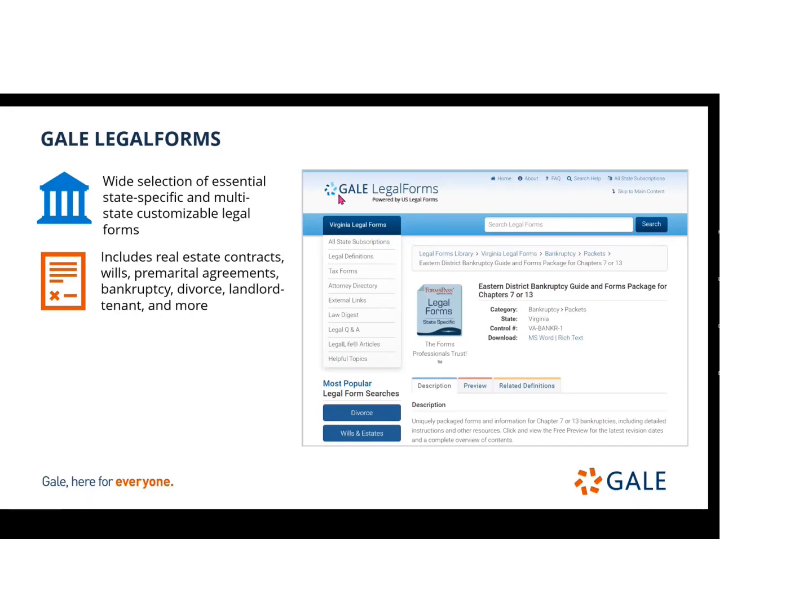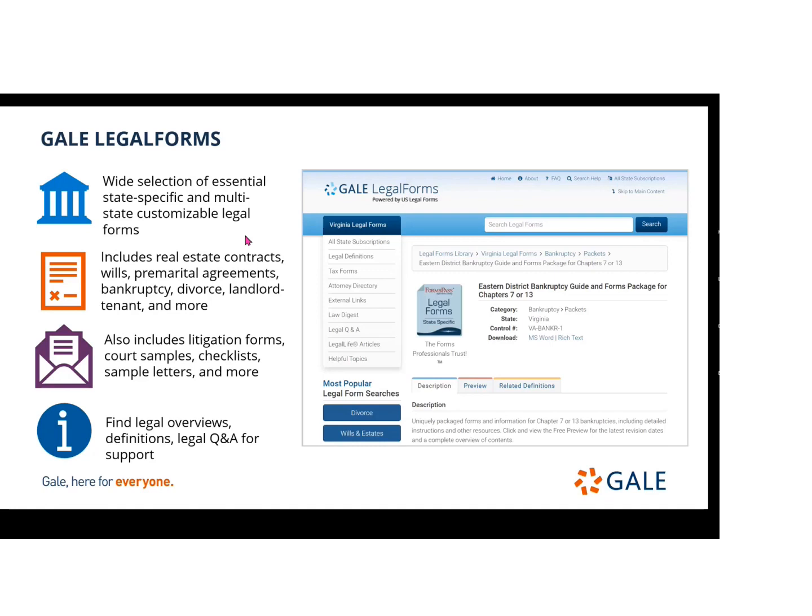These legal forms include things like real estate contracts, wills, premarital agreements, bankruptcy and divorce papers, landlord-tenant, and much, much more. We also have some litigation forms, court samples, checklists, sample letters, and more. Legal Forms, despite its name, actually has a lot more than just legal forms. So I'll be showing you some of that today in our walkthrough.